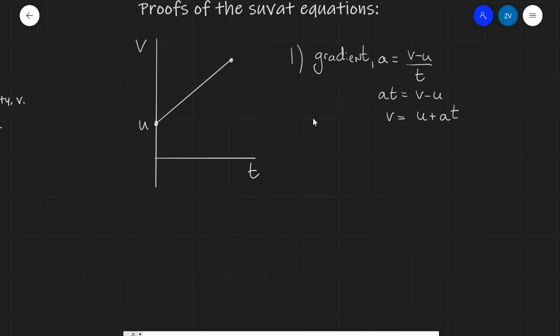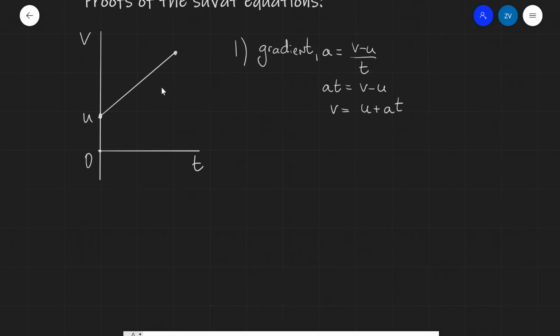First off, the gradient of this graph will be equal to v minus u divided by t, because, assuming that we start off at t equals 0, the gradient is just change in y over change in x, and our change in y is just v minus u, where v, of course, is the final velocity.